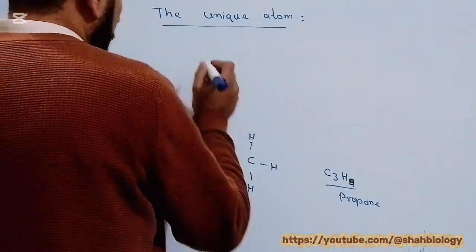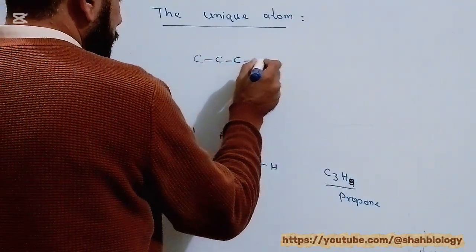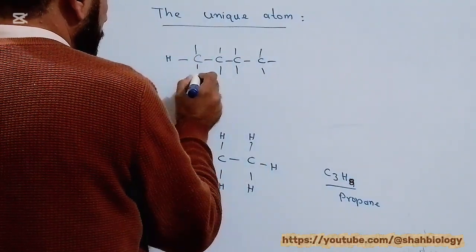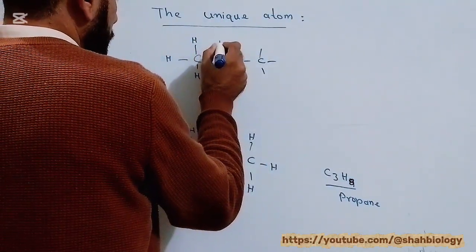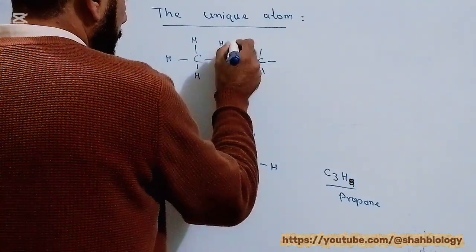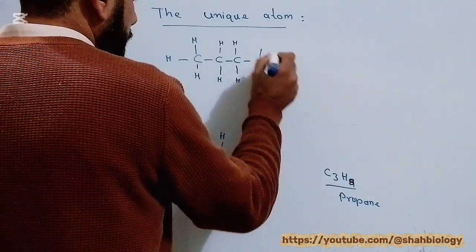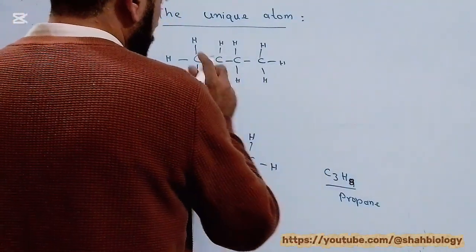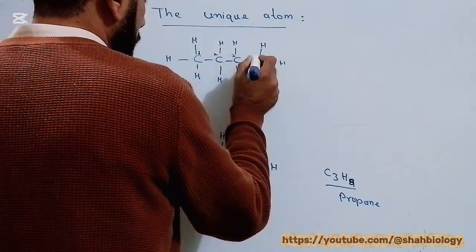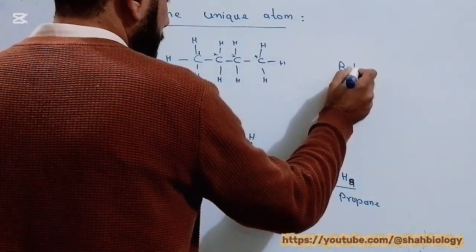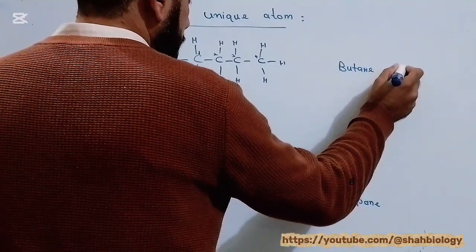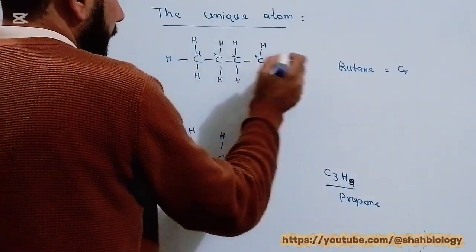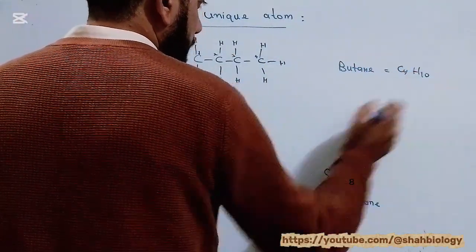Look, they are linking with each other in this fashion, and long chains are formed. Propane has 1, 2, 3 carbons; butane has 4 carbons. Now count the hydrogen atoms: 1, 2, 3, 4, 5, 6, 7, 8, 9, 10. C4H10.